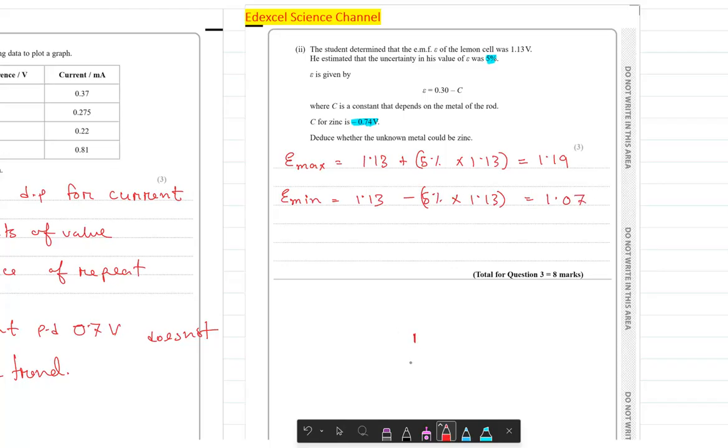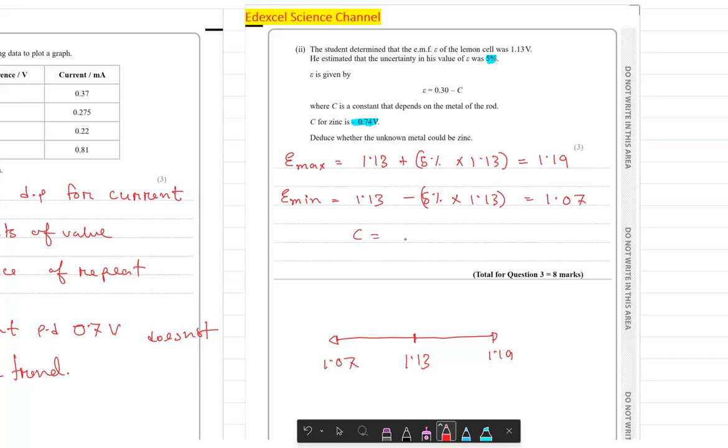So the value that the student has found is 1.13, but it can be 1.19 or it can also be 1.07, right? This is the range that has been produced because of the uncertainty.